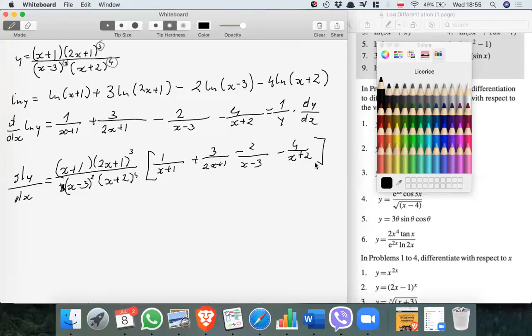And that's the derivative. Again, a little expression which is a little complicated. And that's that.